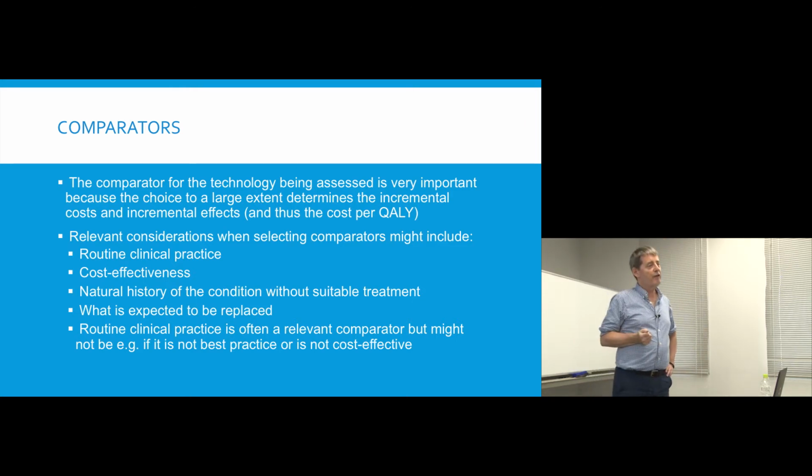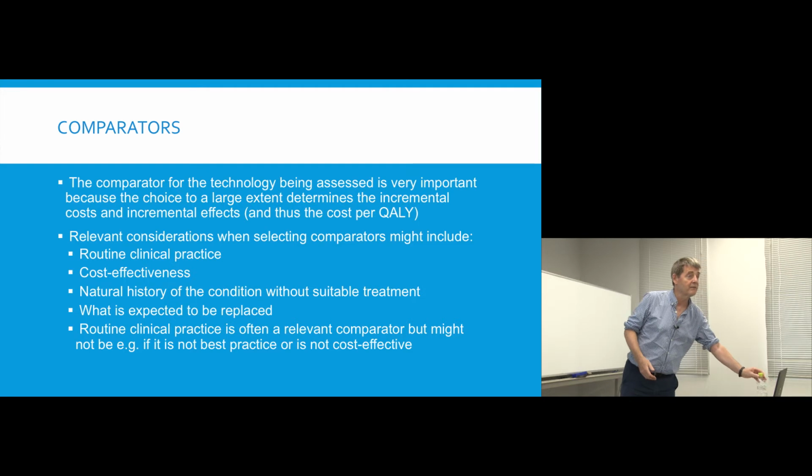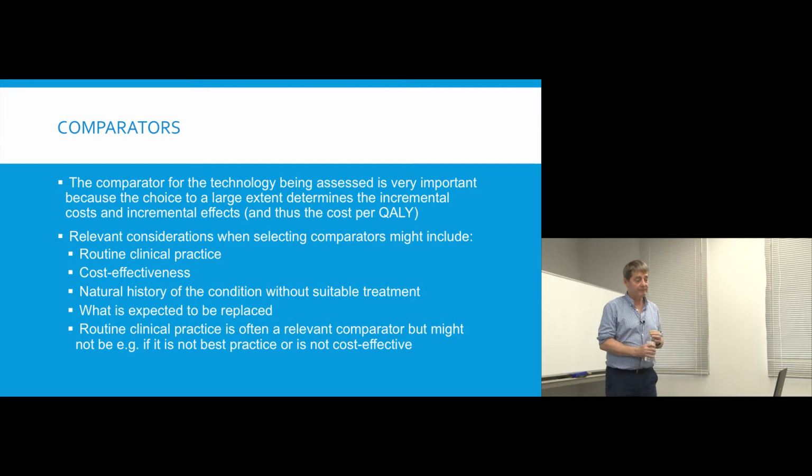That sounds very straightforward, but it's not always the case that we know or we can identify routine clinical practice. You'd think it would be straightforward, but sometimes it depends what part of the country you're in as to what is routine practice. It can vary.